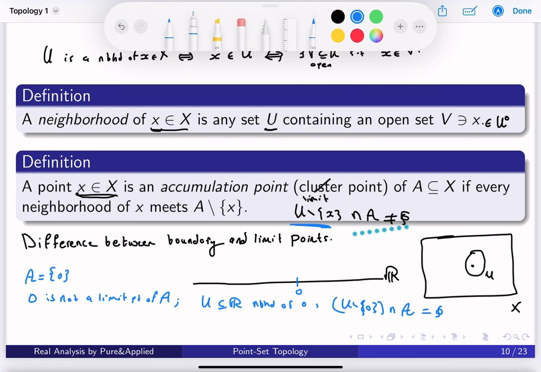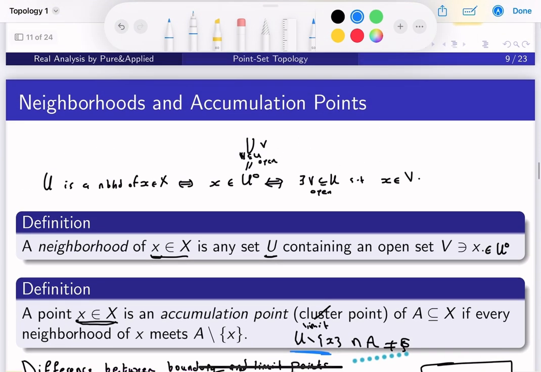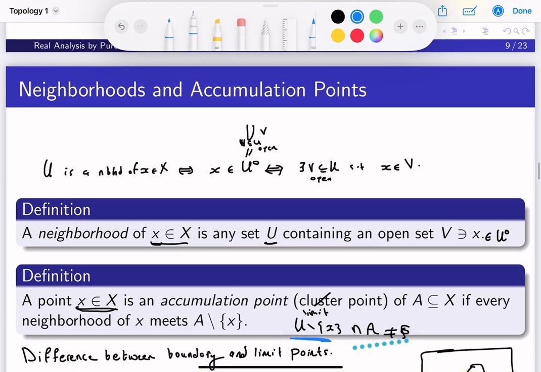However, 0 is a boundary point. Why is it a boundary point? Maybe it's important to remind you of the definition of boundary points here.